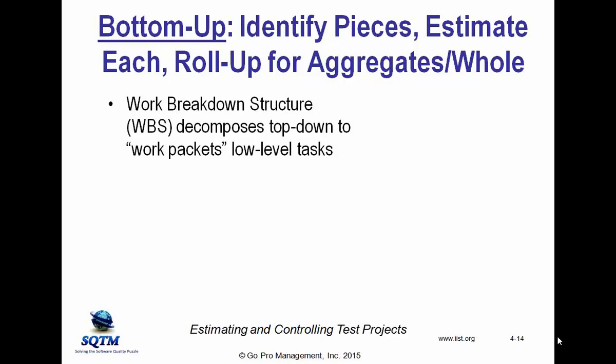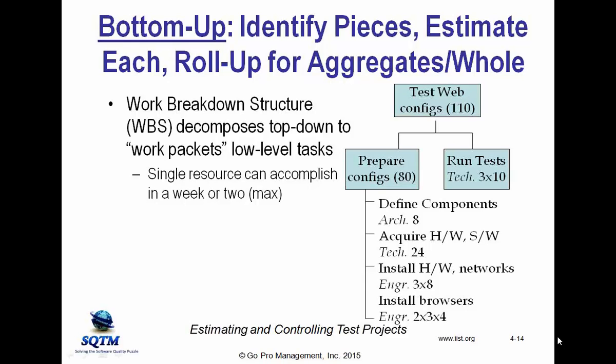This is where a work breakdown structure typically comes in. A work breakdown structure is simply the name given to the definition of the various tasks, and it is hierarchical.